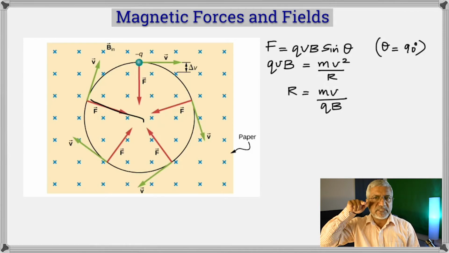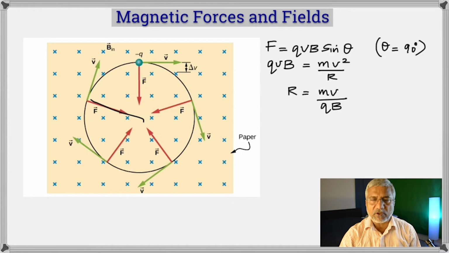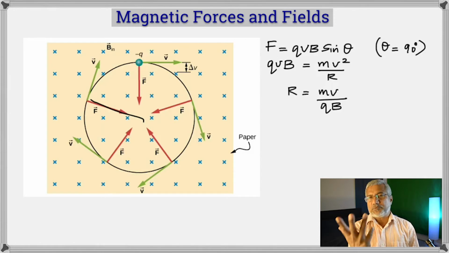So the magnetic field is perpendicular to the screen and into the screen. That's what the cross shows. On the other hand, if you see dots, then you would be seeing the tip of the arrow, which means the magnetic field is now out of the screen perpendicular to it, okay? So if it's in, it's a cross. If it's out, it's a tip.